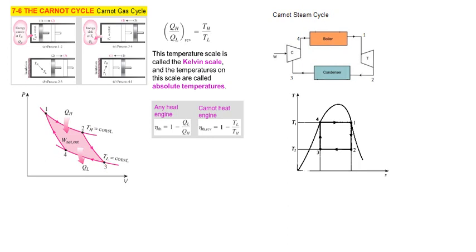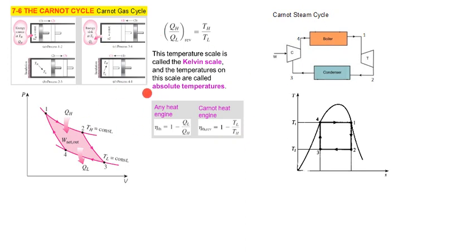So we can rewrite the thermal efficiency, the theoretical limit of the second law of thermodynamics for a heat engine. This is for any heat engine, whether it's reversible, impossible, or irreversible. It can be represented as thermal efficiency equal to 1 minus QL over QH. And based on this ratio of temperature scale, for a Carnot cycle we can write that as 1 minus TL over TH.